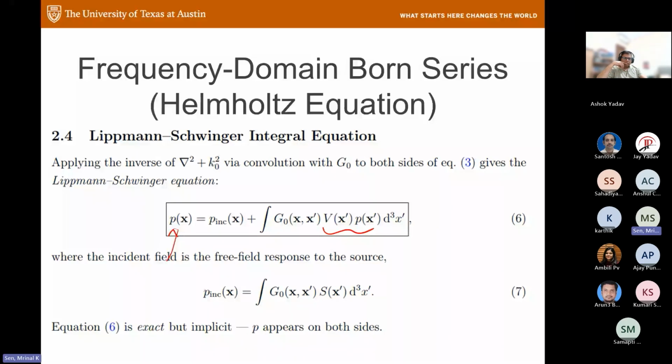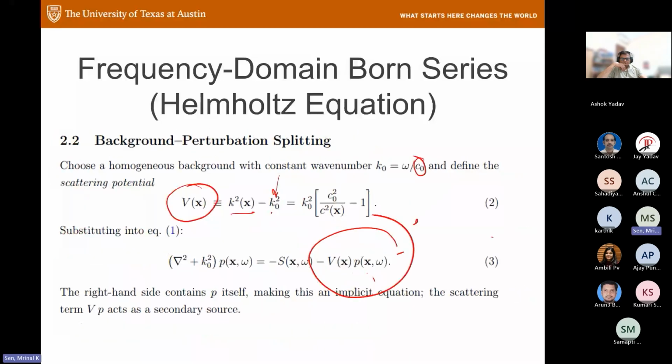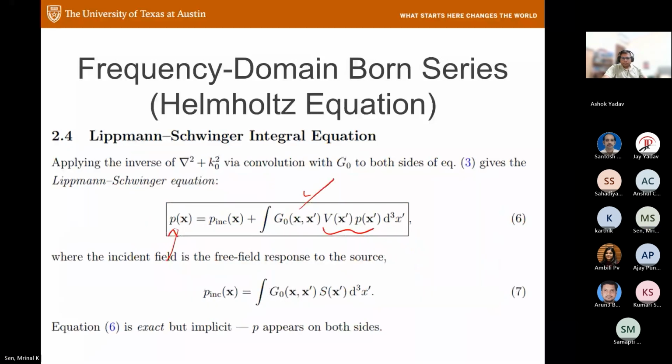This is for the background. Now, the problem with this formulation is that on the right hand side, I have the full Green's function for the actual medium, which we don't know. So in this integral, I have this P on the right hand side, and this is what we're trying to solve, right? So this is a nonlinear integral equation.